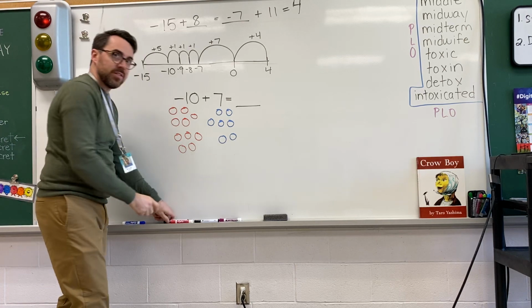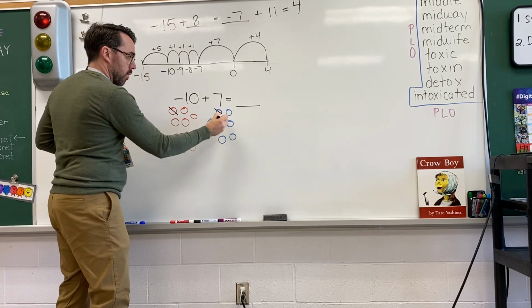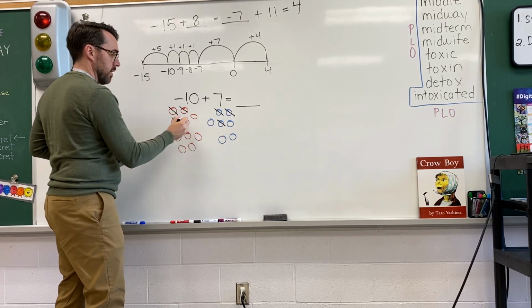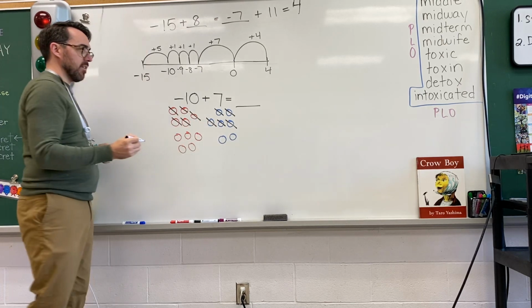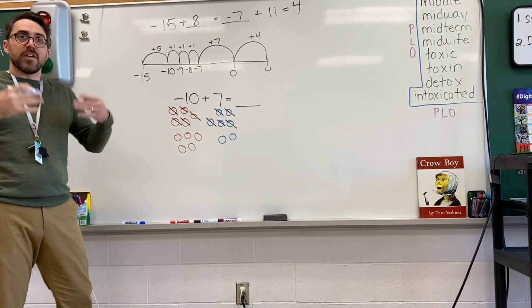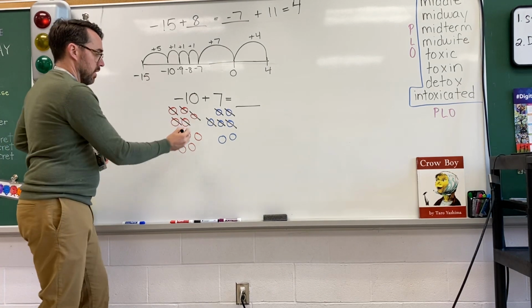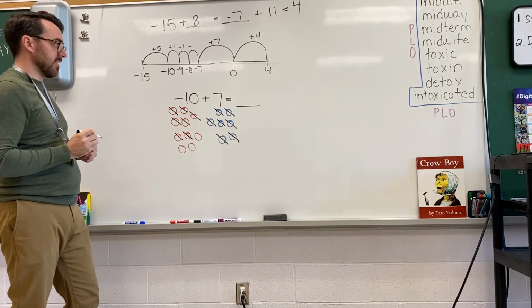How I would do this, I could go 1, 1, 1, 1, 1, 1, 1, 1, 1, right? I'm trying to figure out how much I have left over. 1, 1, 1, like that.